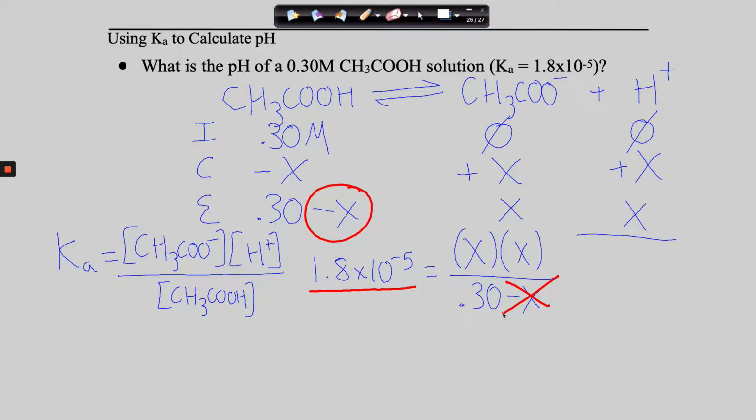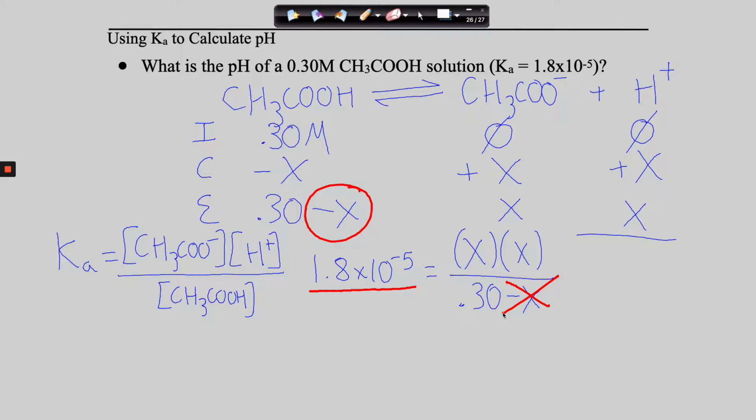It used to be on the AP test, you would have to write a sentence that says: I am disregarding the change in concentration of the weak acid because it's insignificant compared to the initial concentration.